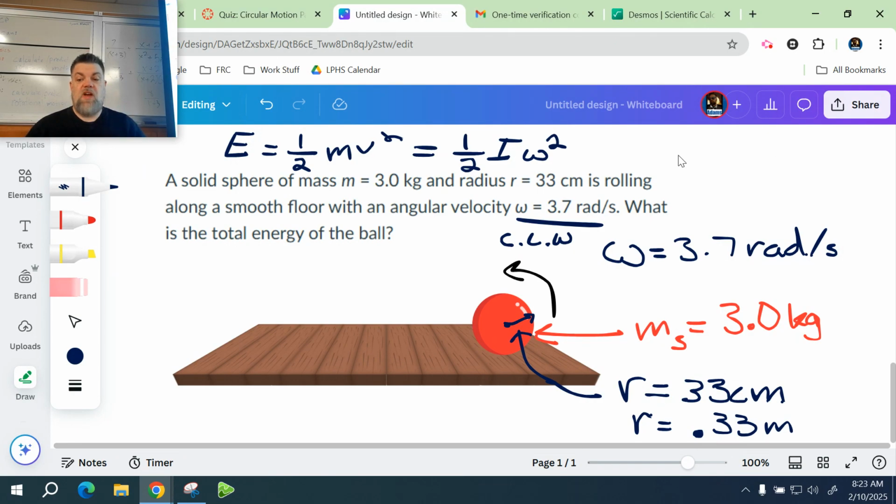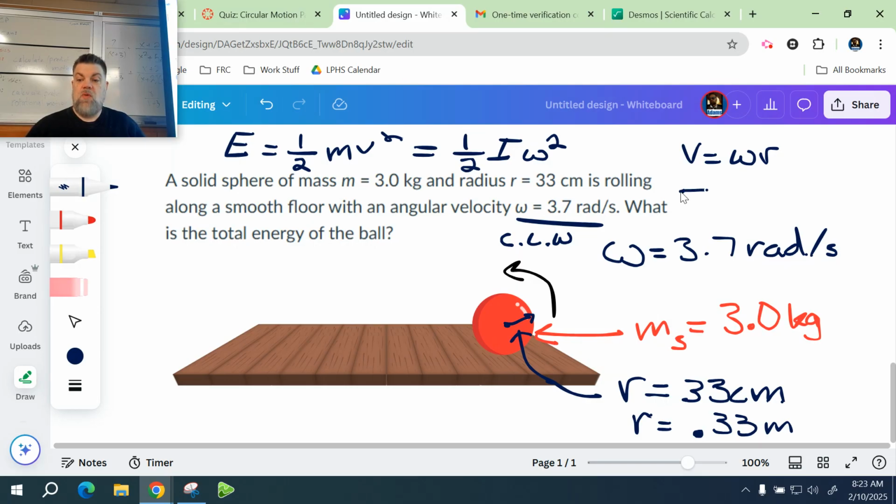Now, where that comes from is you have to remember that your linear velocity is equal to omega times r. And I guess technically we could just plug that in here, and since we have the mass, right? But what we really want is the moment of inertia.